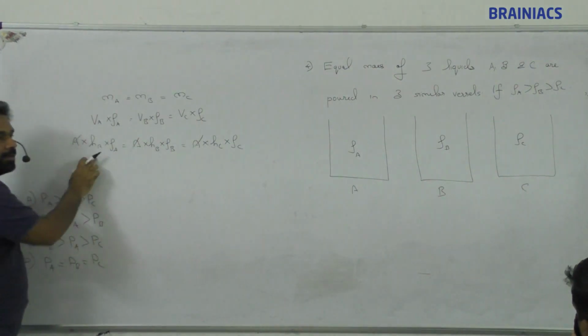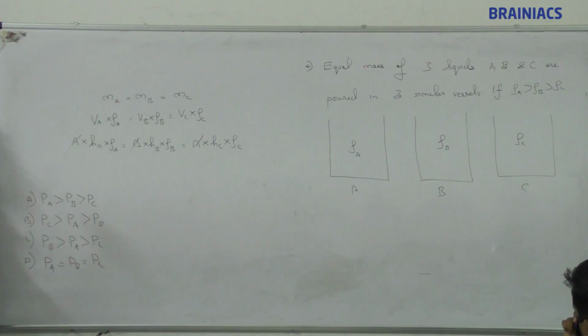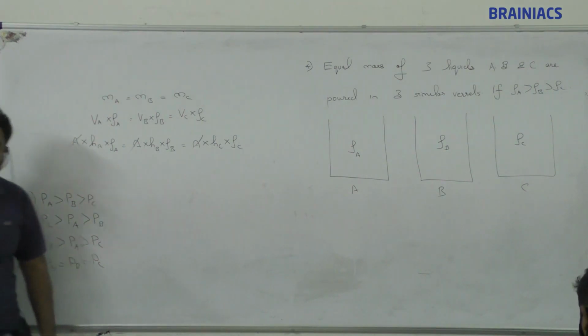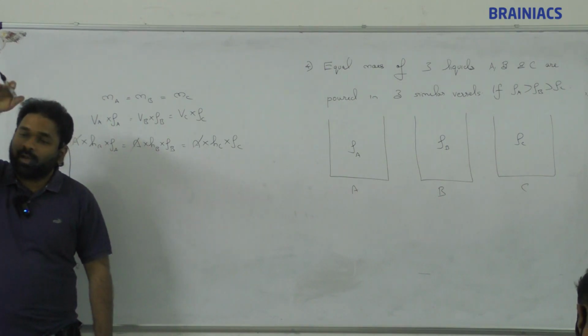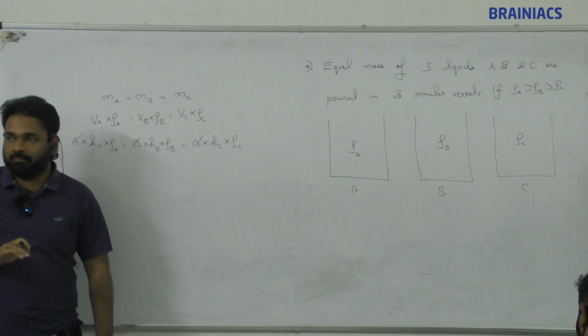Height should compensate the change in density. When one density is increasing, height will be decreasing. Understood?